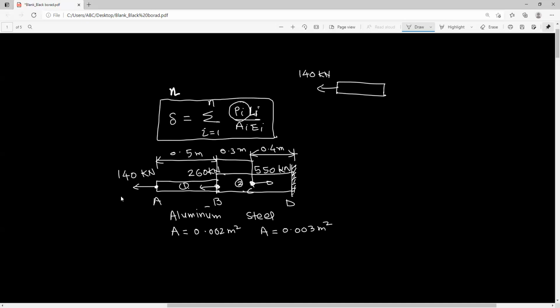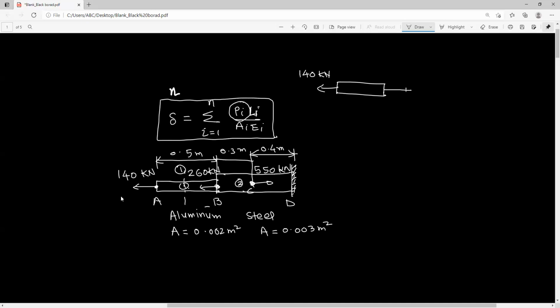In a free body, when you cut the section, you show whatever forces are acting on that particular part. So the first section is cut from here, where a 140 kilonewton force is acting. So the internal force can be calculated for the part AB first.